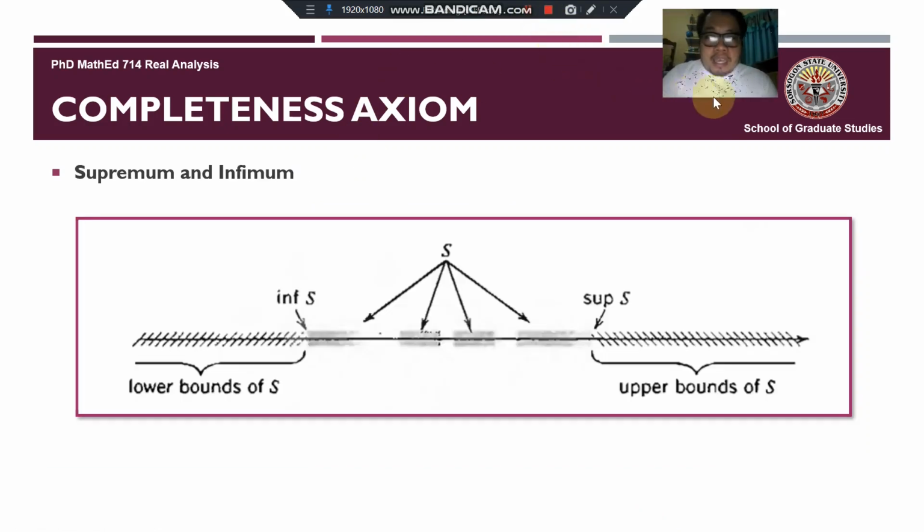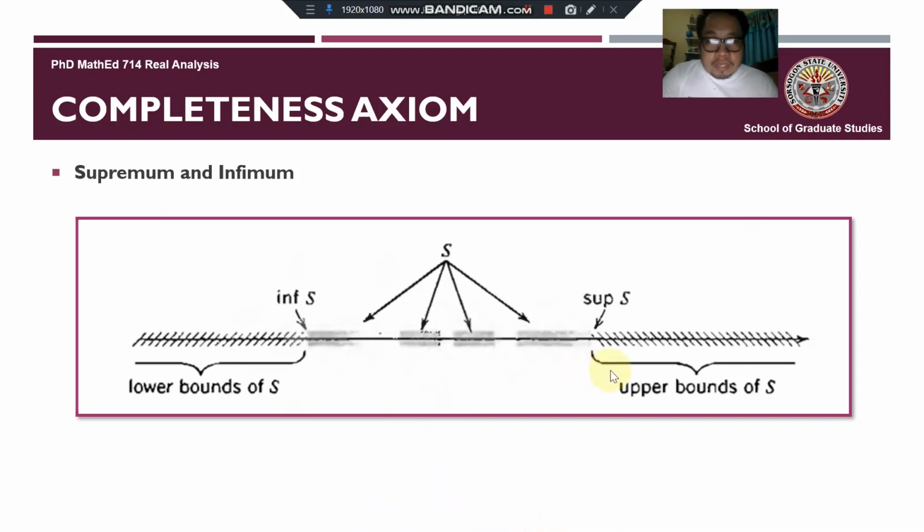On this slide, we have an illustration in which we can differentiate upper bounds and lower bounds of S in connection with the next subtopic to be discussed, which is all about the supremum and infimum.